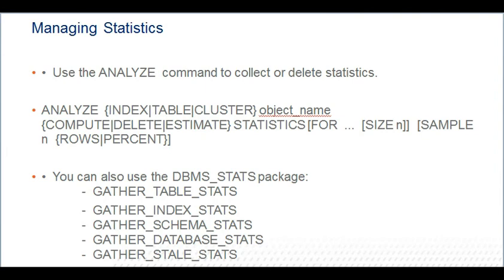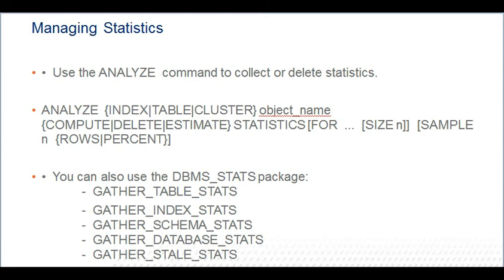Using the analyze command to collect new statistics overrides any existing statistics in the data dictionary and flushes any related execution plans from the shared pool. The dbms_stats package contains several procedures that allow an index, table, schema, or database to be analyzed. This package also enables us to gather most of the statistics with a degree of parallelism.